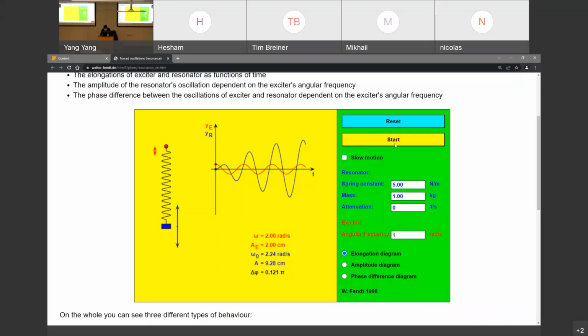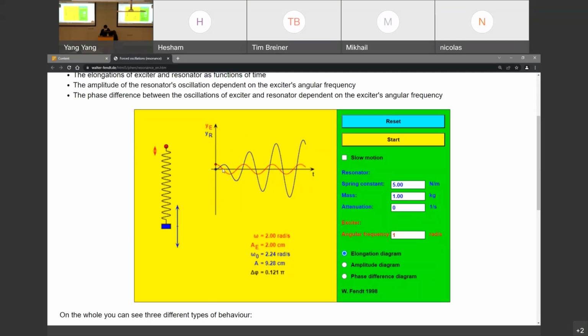Let's see what will happen here. So we can start. Remember that when we start the simulation, we have t as the x-axis and displacement as the y-axis. YR is the response of the mass at the bottom, and YE is the excitation, the external force or external displacement input.